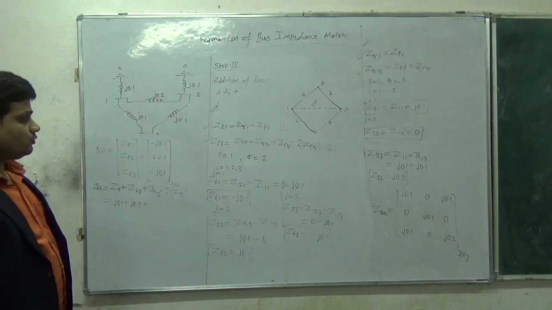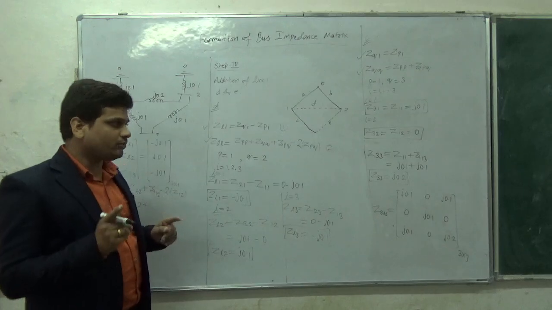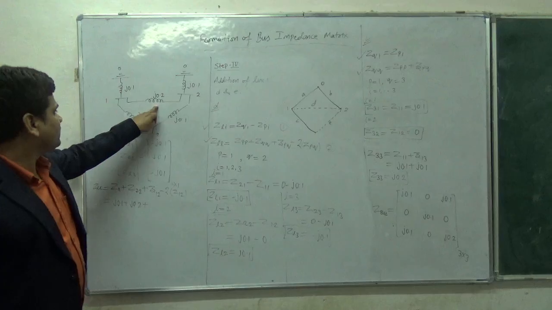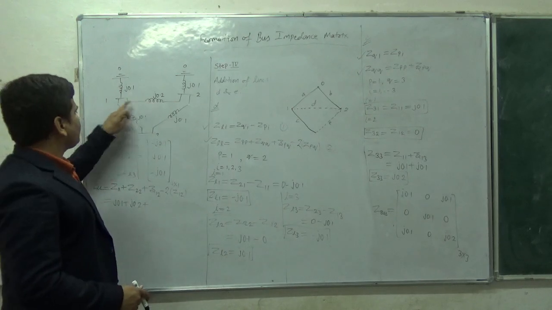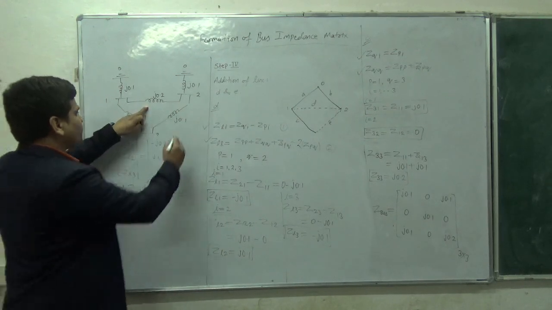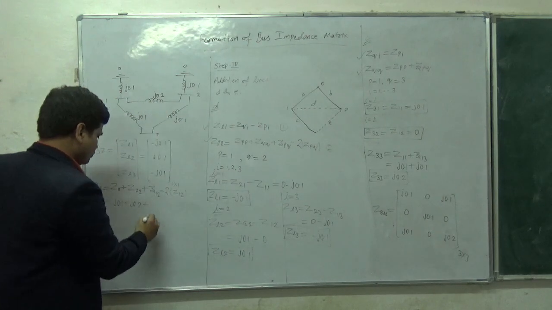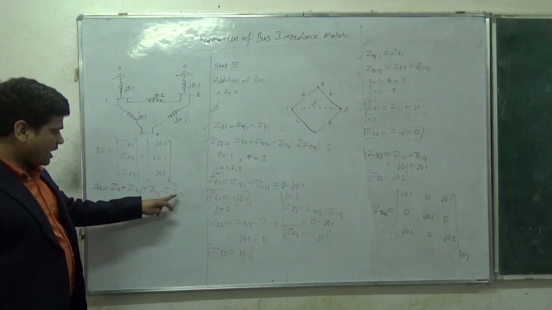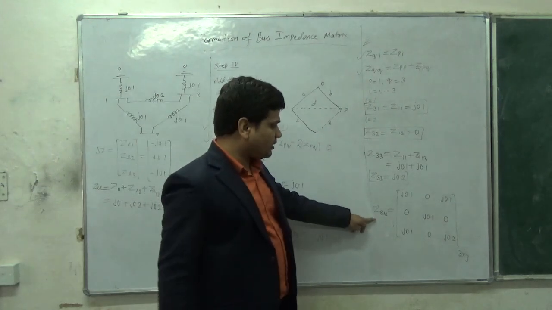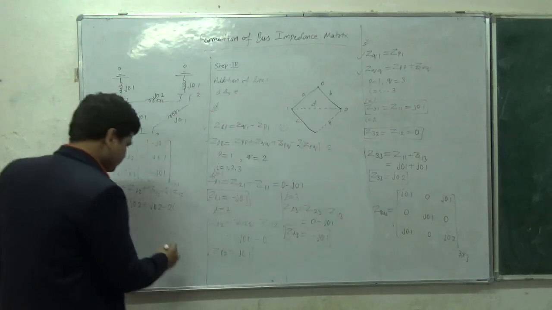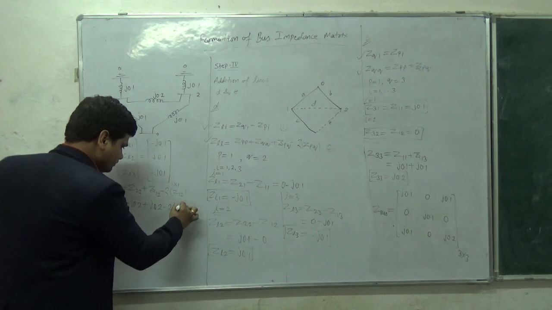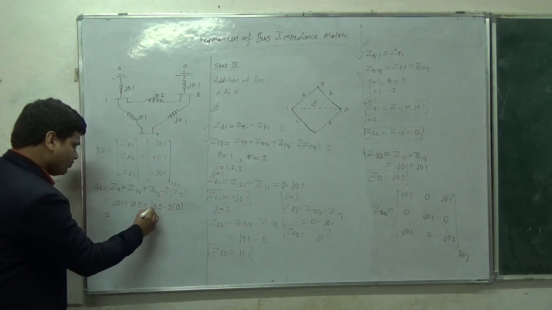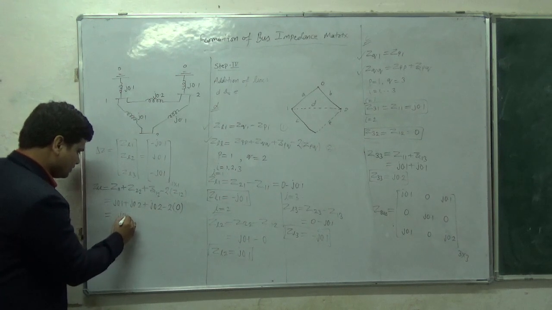Small z12 means I have to see the network: the impedance connected between bus number 1 and 2, the line having the impedance of j0.2. So it is j0.2 minus 2 of capital Z12. Capital Z is an element of the matrix, Z12 is 0. So it will be 0.1 plus 0.2 plus 0.2, which is j0.5.